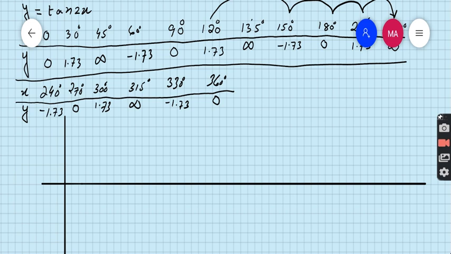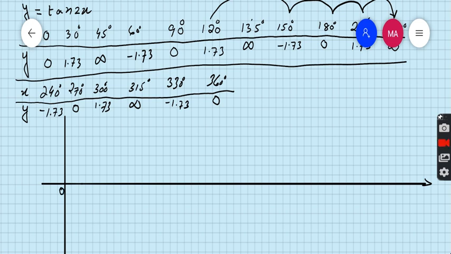You can see in your table when x is 0, y is 0, x is 30, y is 1.73, x 45, y is undefined, x 60, y is minus 1.73, x 90, y is 0, and so on. So in order to draw a good graph, take a big interval.